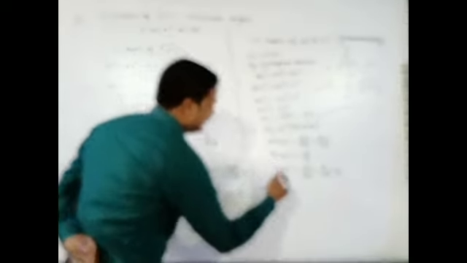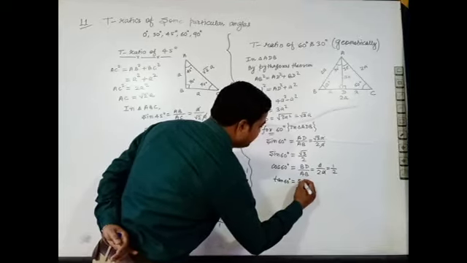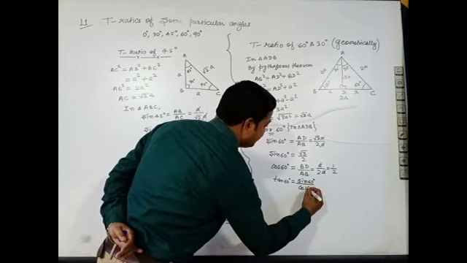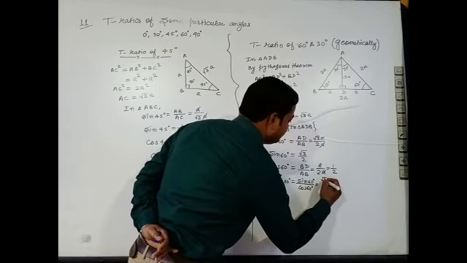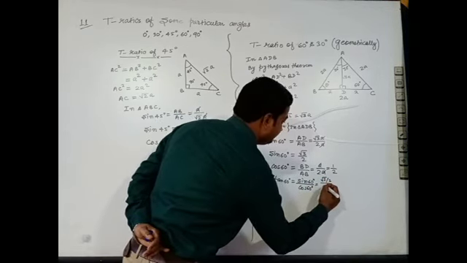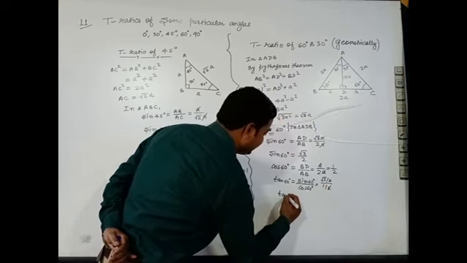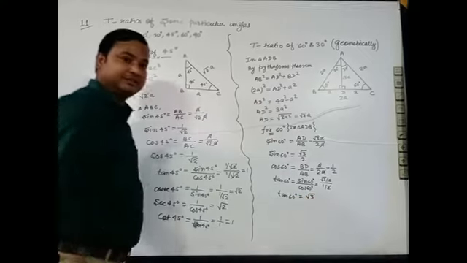Now tan 60 equals sin 60 by cos 60, root 3 by 2 divided by 1 by 2. 2 cancels, then tan 60 is equal to root 3.